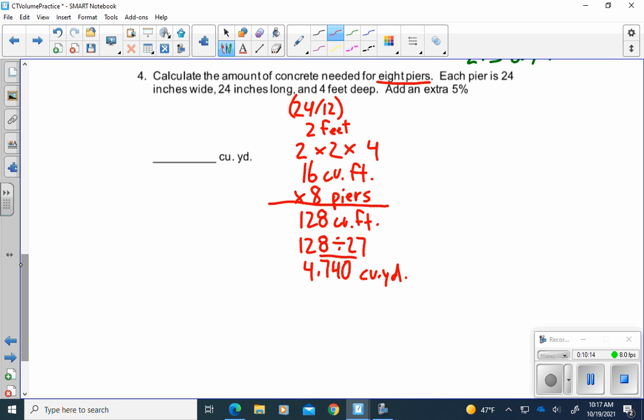We want extra, we want 5% extra, so 5% is 0.05. Remember, not 0.5. So we'll do 1.05 for extra. So multiplying 4.740 repeating and 1.05 gets you to 4.97 repeating.